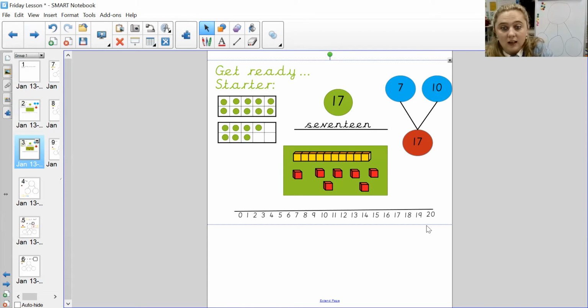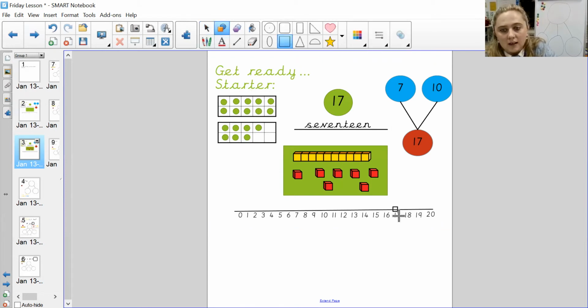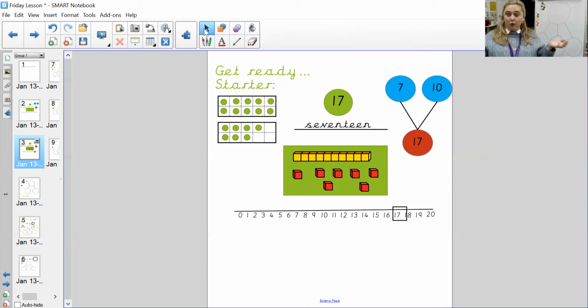Here is the number line, and there is 17, and I split 17 into 7 and 10. And this is what it looks like in 10s and 1s. So hopefully yours looks a little bit like that.